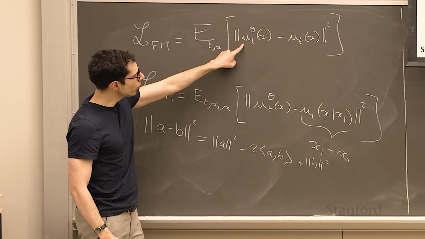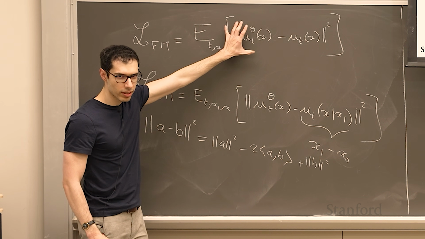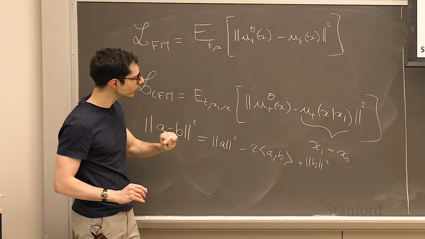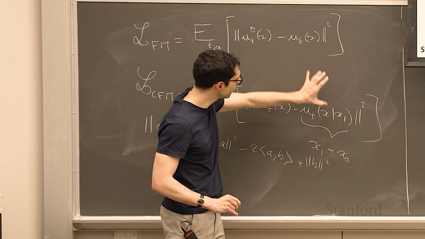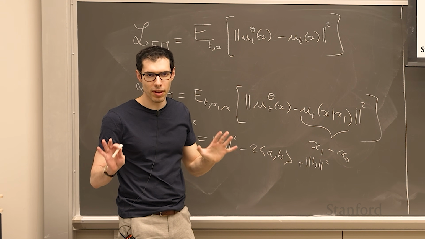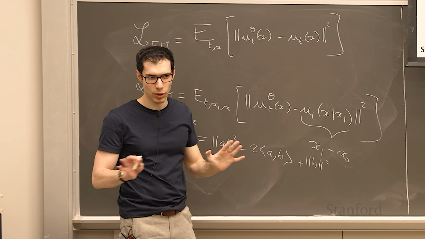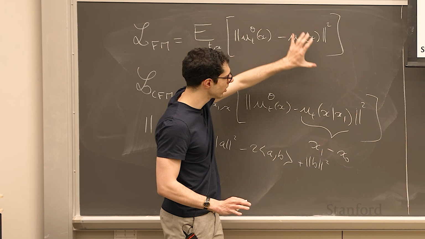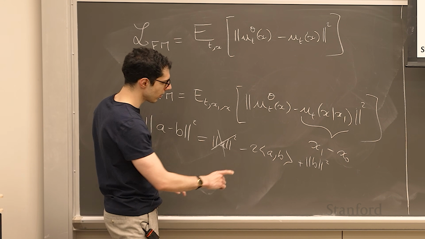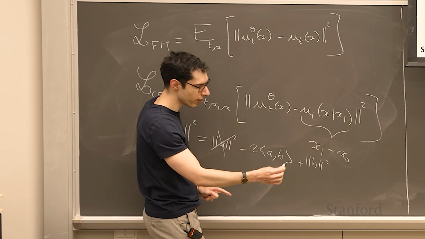So ut theta x squared, this and this are the same. Perfect. How about this term? The b term is actually not dependent on theta, so we don't care. A is good, it's the same. B is not a function of theta, we don't care.